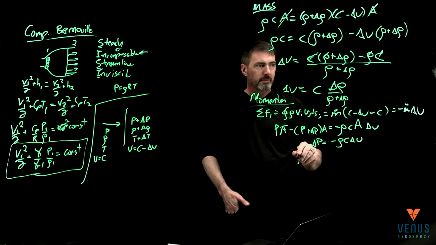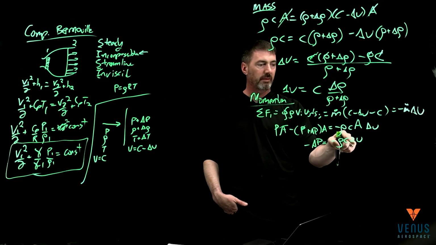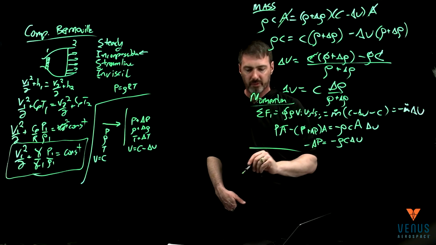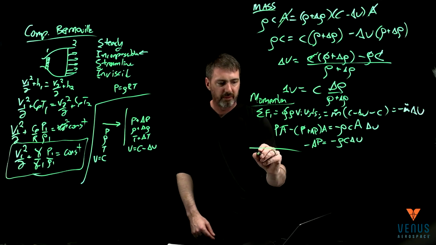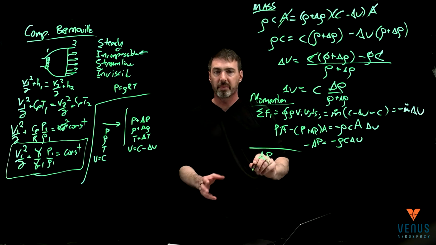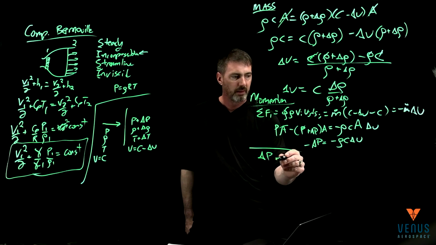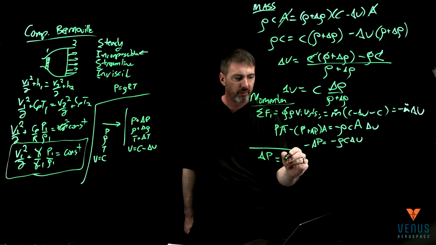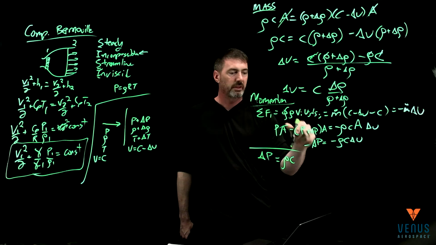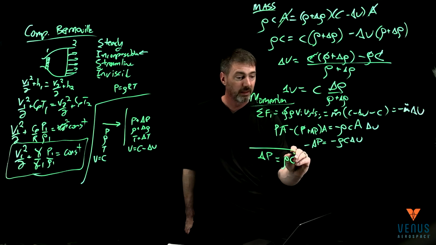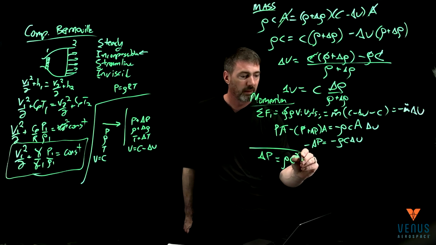So let's combine with this above equation, because I have a formula for delta U. And so combining them, we'll have that the jump in pressure is rho C and then delta U. And so I pick up another C, so that's now C squared, and delta rho over rho plus delta rho.